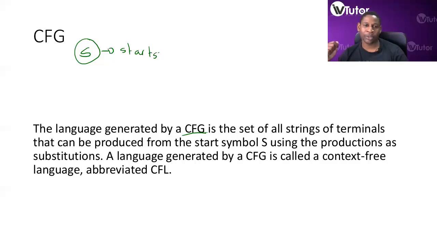We're going to look into that in more detail. A word is in the language if it can be produced from the start symbol S using the productions as substitutions. A language generated by a CFG is called a context-free language. So context-free grammar begets a context-free language, in a nutshell.